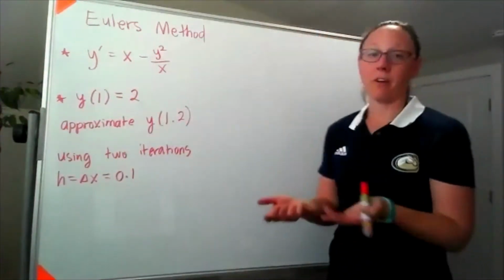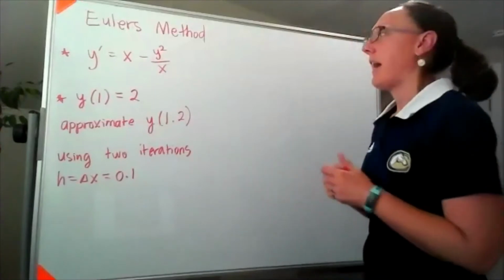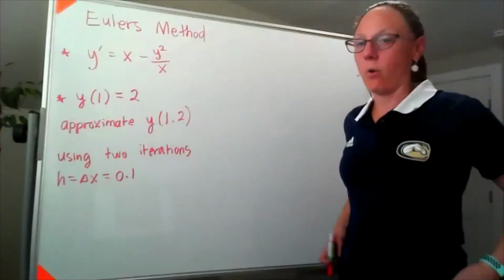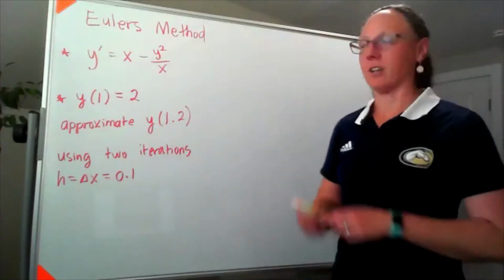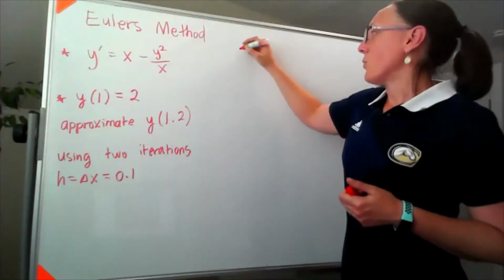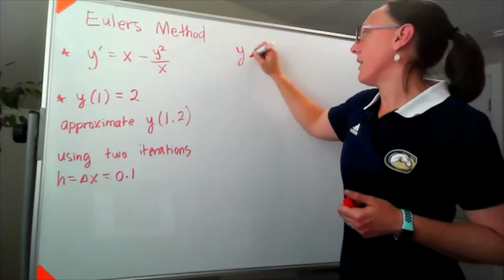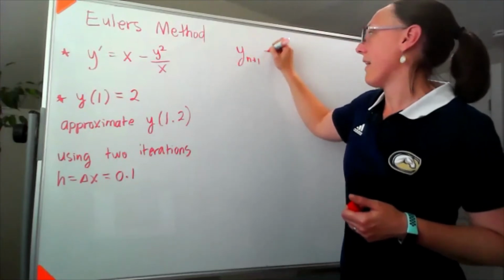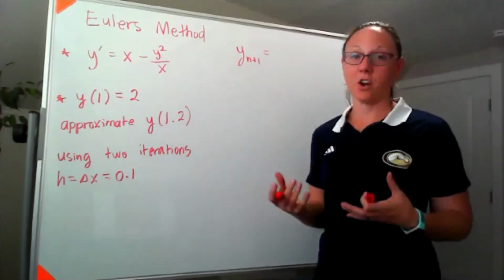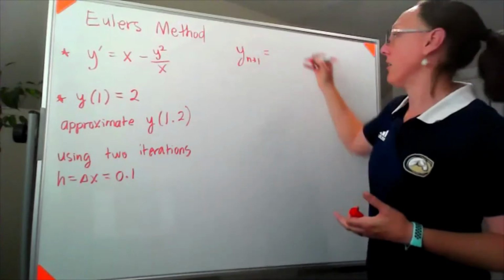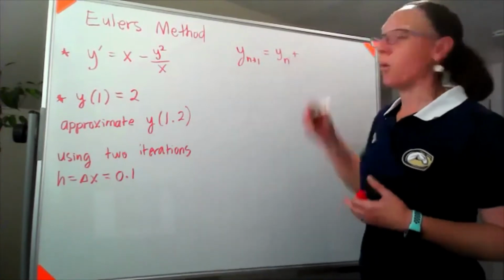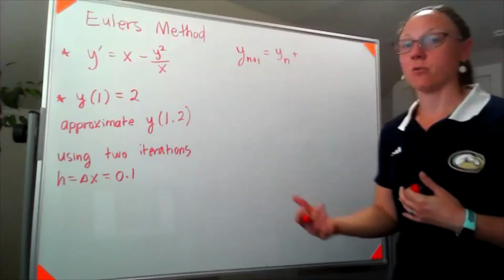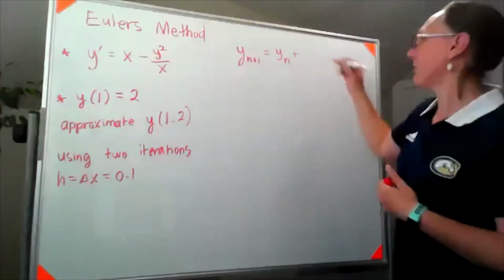And we have a formula for Euler's method. That formula is actually coming out of our equation for linear approximation. So to get my next y value, I'm going to start at the y value I'm currently on, and then I'm going to move in the direction of my derivative.